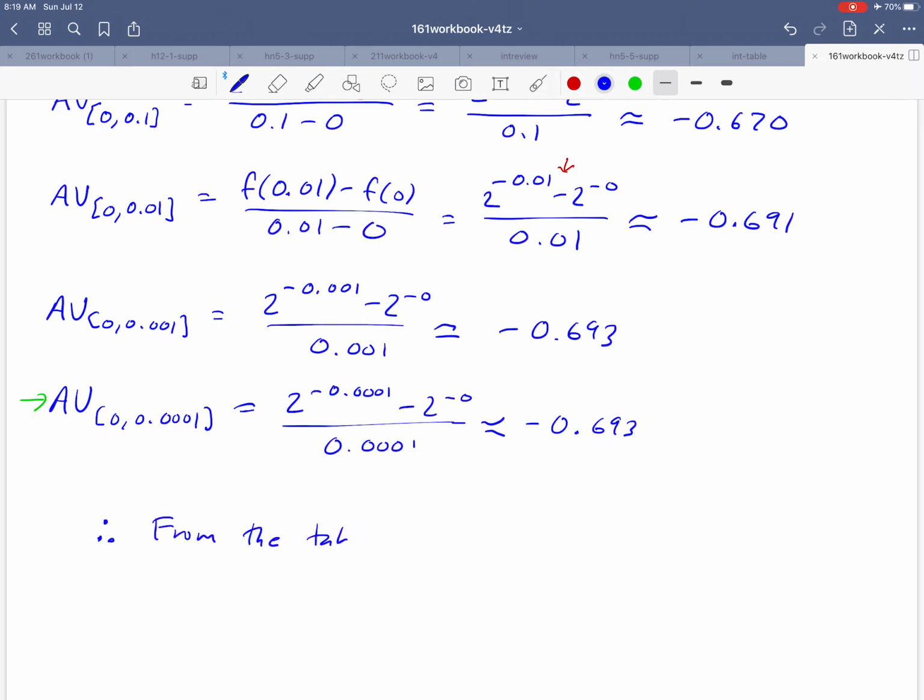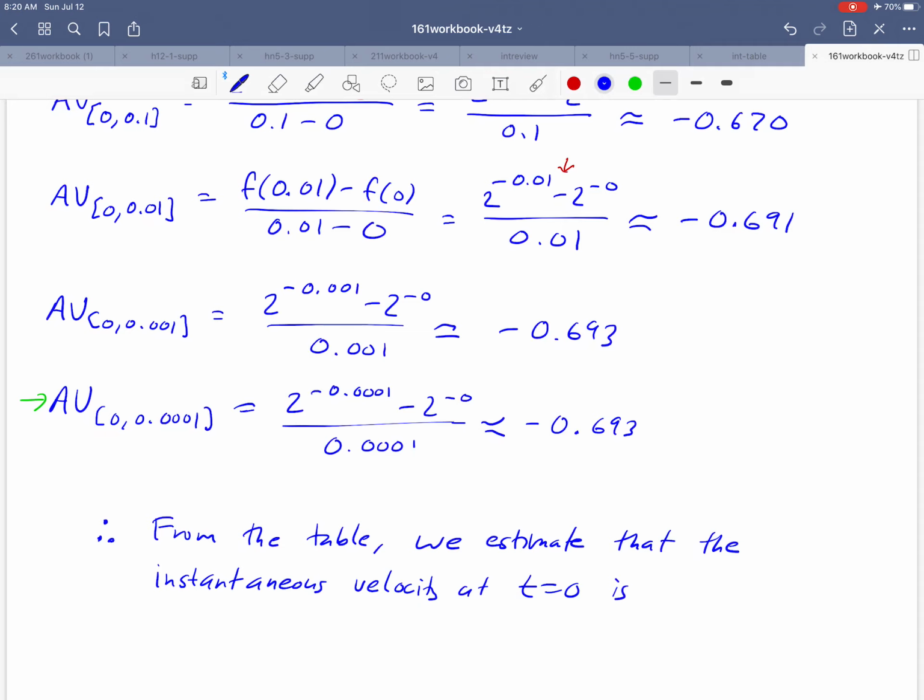Let's say it this way. From the table, we estimate that the instantaneous velocity right at t equals 0 is negative 0.693.